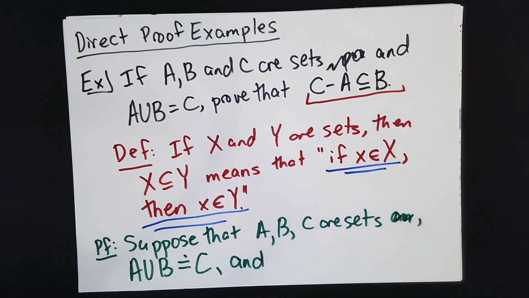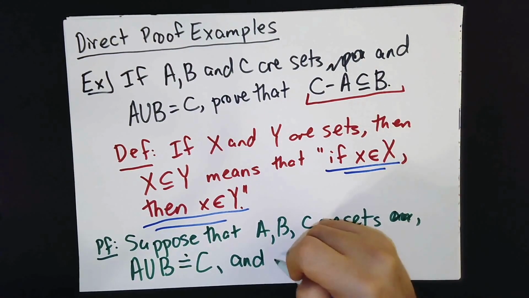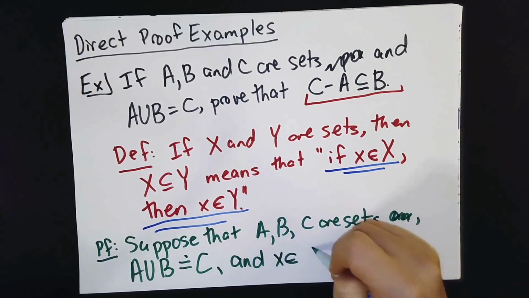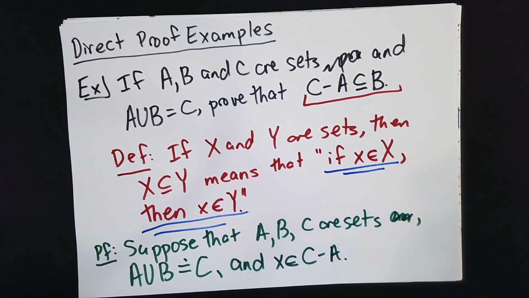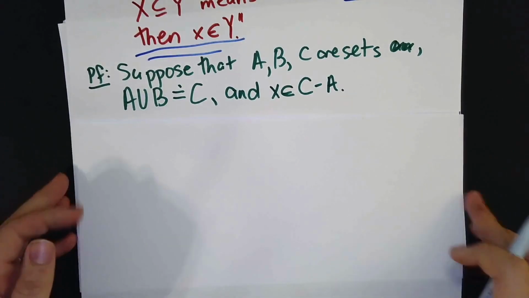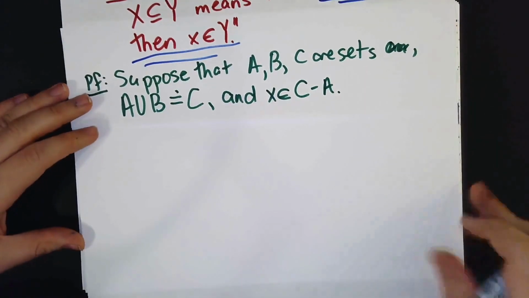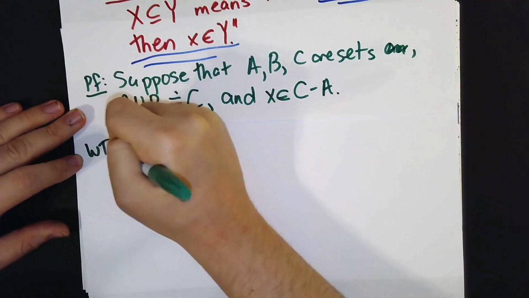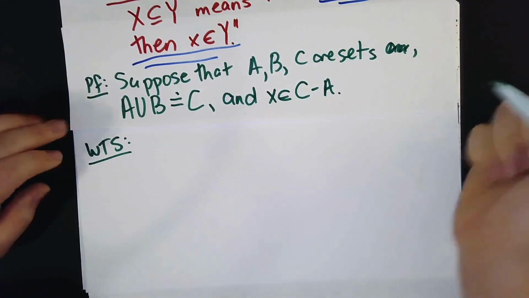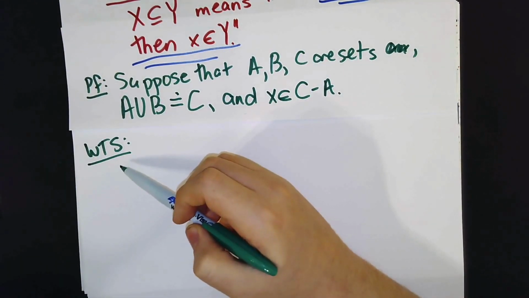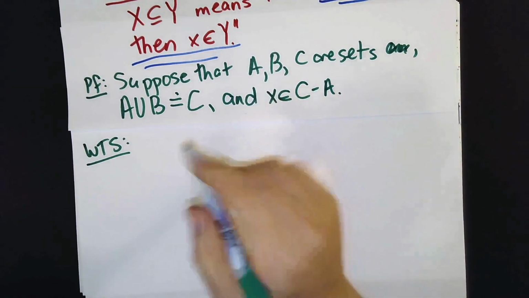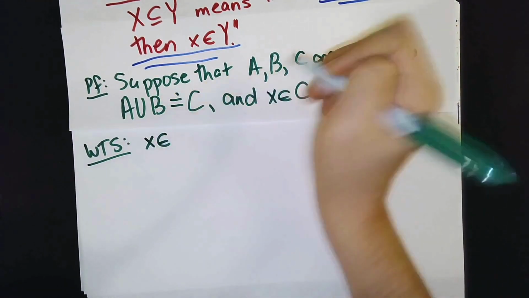So in this case, namely, it is going to be x is an element of C minus A. Now, to remind ourselves where we're going here, you will often see people write WTS colon. And so what this means is want to show. And so the thing I want to show is that x is in B.